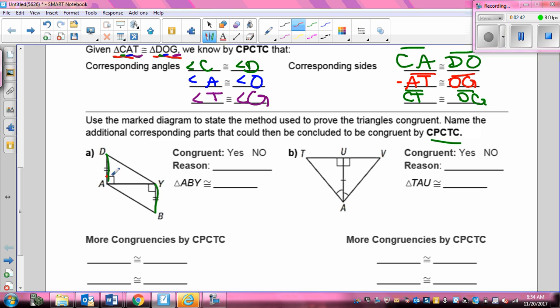And we have this angle is a 90-degree angle. It's congruent to this angle is a 90-degree angle. And we know that by the reflexive property, AY is congruent to AY. So write it down, AY is congruent to AY, and this is the reflexive property.